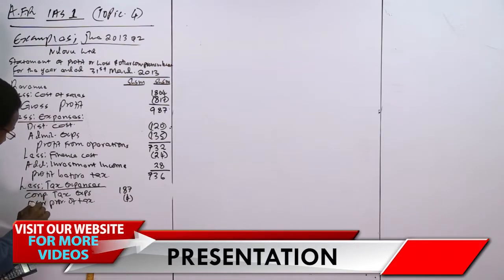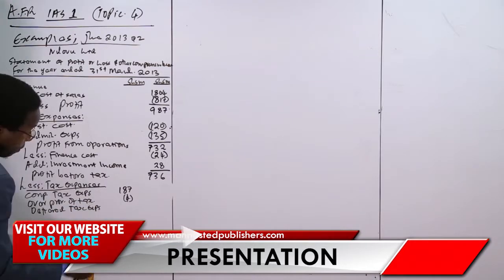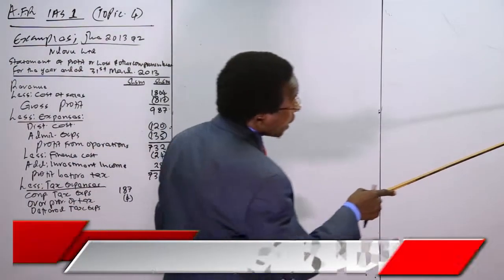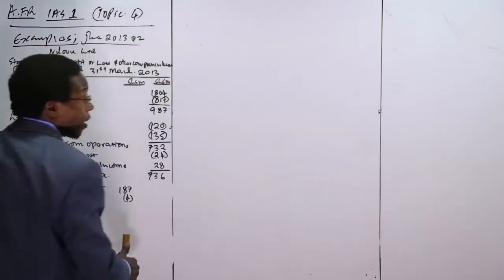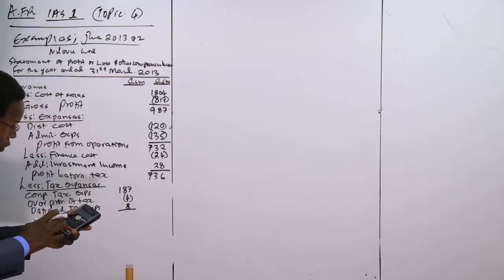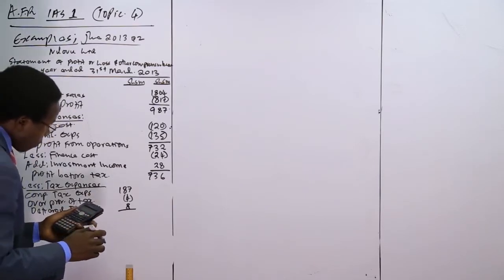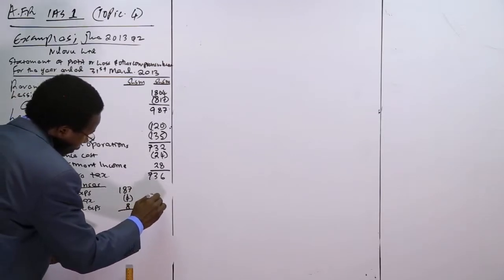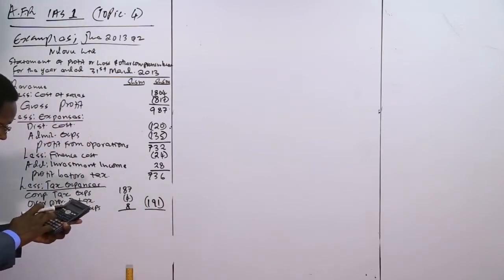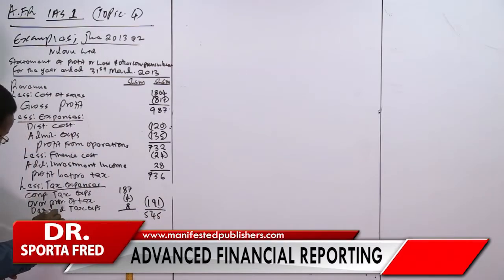There is a deferred tax expense, which we must have calculated, that one we have here as 8. So what is the total? 187 minus 4 plus 8, that is 191. So if I take 736 and subtract that, I'm getting 545. That is the profit for the year.